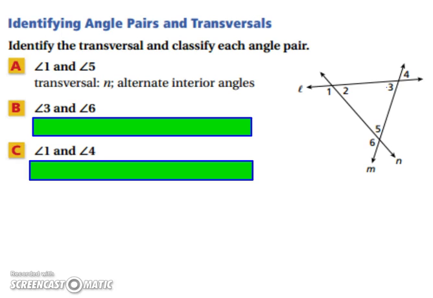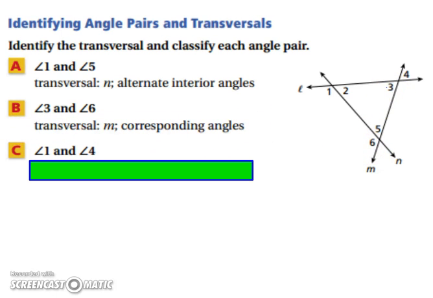Now that you've had a moment to try B and C, let's see how close you came. We have angle 3 and angle 6. So your transversal is going to be M, and 3 and 6 are in the same position on the same side of the transversal, so you have corresponding angles. And now we have angle 1 and 4.